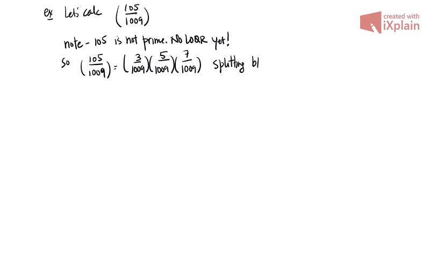This is because, just so we're clear, 105 is 3 times 5 times 7. Now, each of these, I'll label them A, B, C, but they go by pretty quick. Each of these, the numerator is a prime, so we can use quadratic reciprocity.